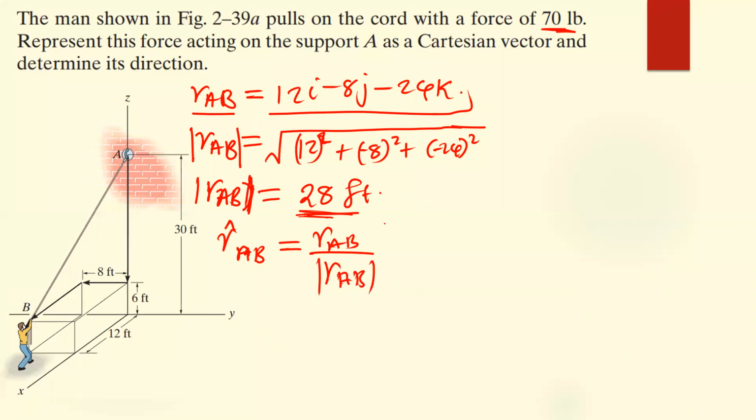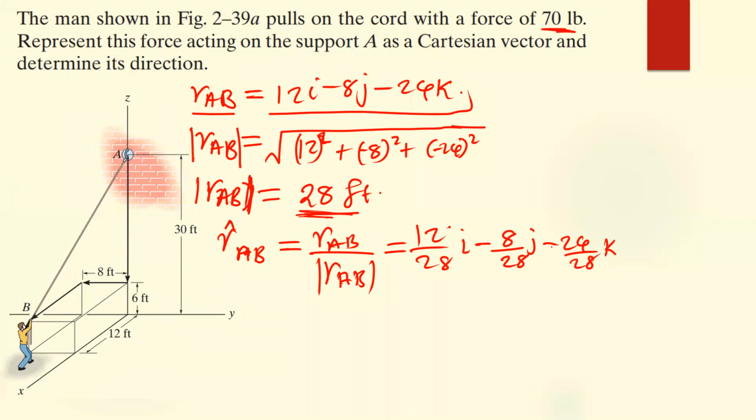So this is going to be 12 over 28 i, minus 8 over 28 j, minus 24 over 28 k.